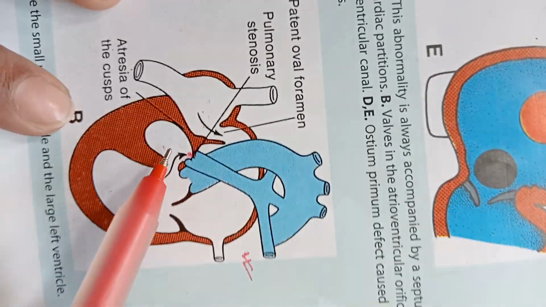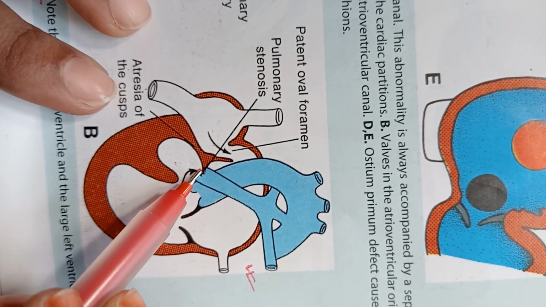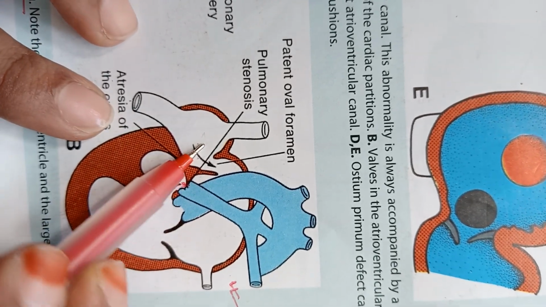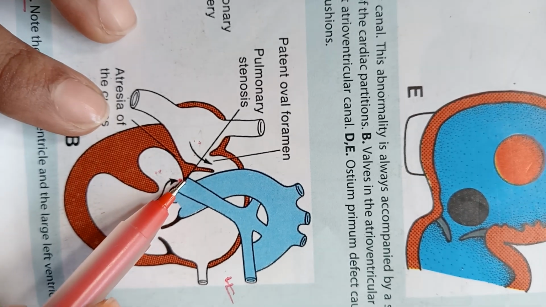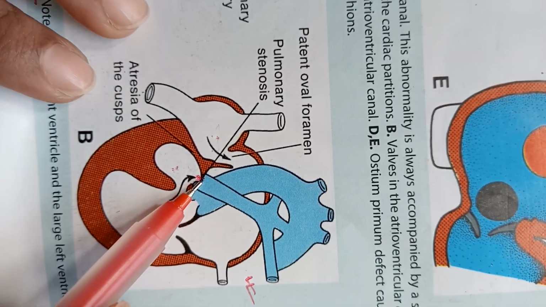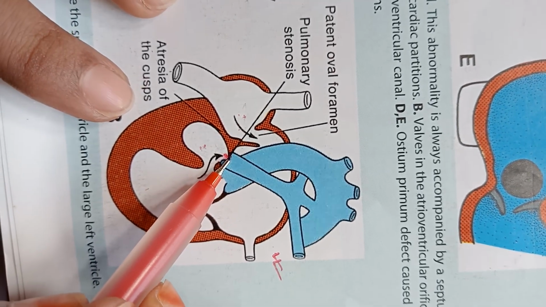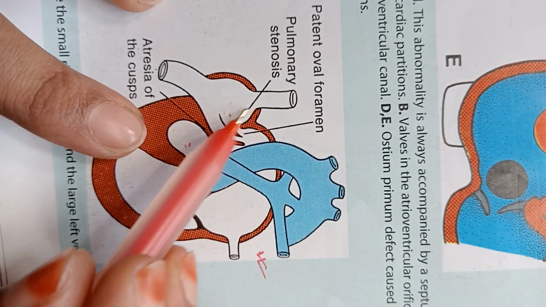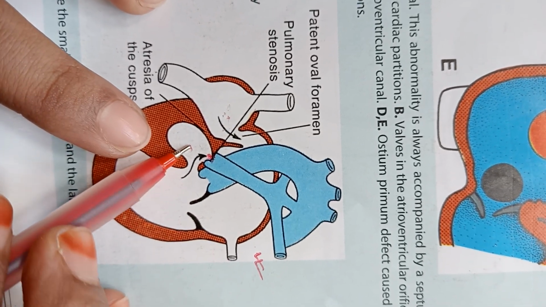Now the atresia. We have to know the meaning of atresia. Atresia means complete obliteration. This one, in between the right atrium and the right ventricle, there is the tricuspid valve. If the tricuspid valve is completely obliterated, this is known as tricuspid atresia. As it is completely closed, the blood from the right atrium cannot go into the right ventricle.